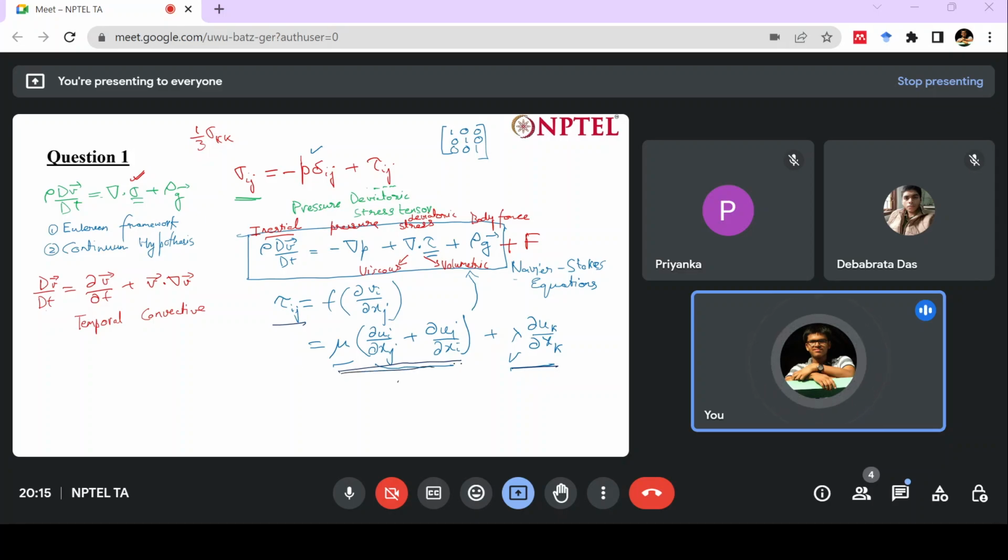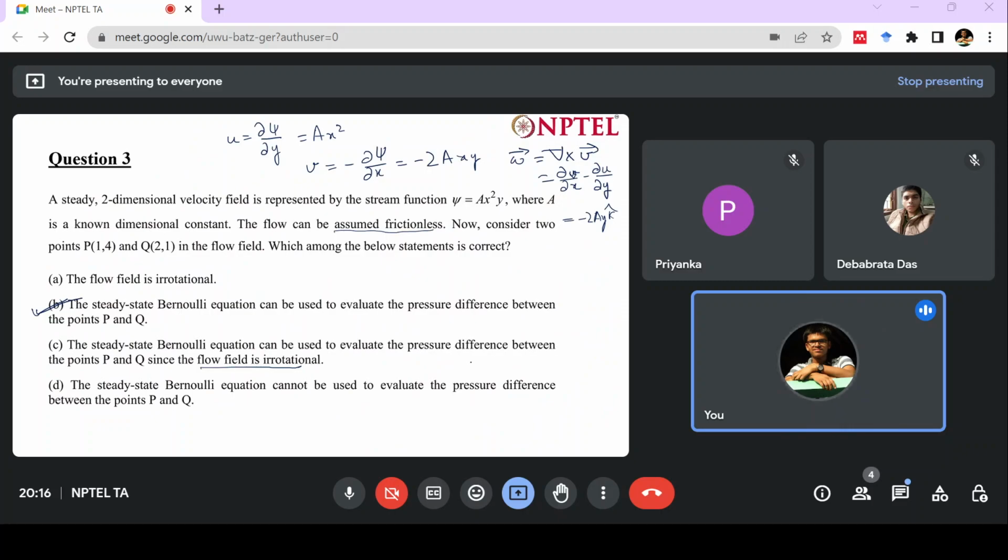It has two components, this and this. Now, if you apply the Stokes hypothesis, sorry, not theorem, Stokes hypothesis, then this component is eliminated. So only these off-diagonal terms are present.